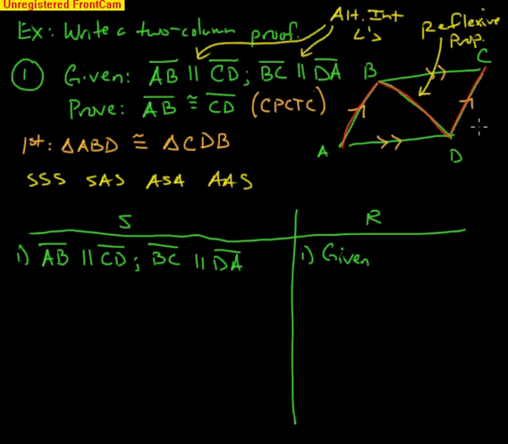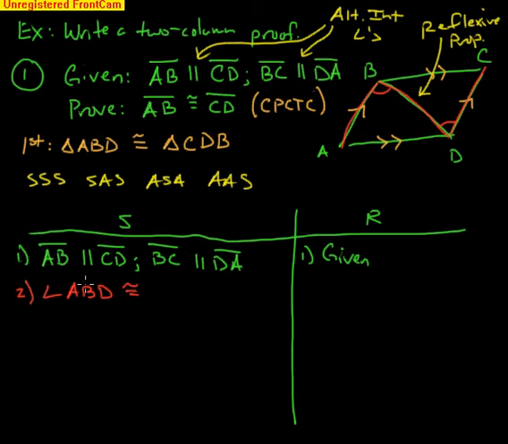So we need to be able to see the angles that are congruent, the alternate interior angles. If you look, this angle and that angle are going to be congruent. So we have to be able to write those down. Angle ABD is going to be congruent.